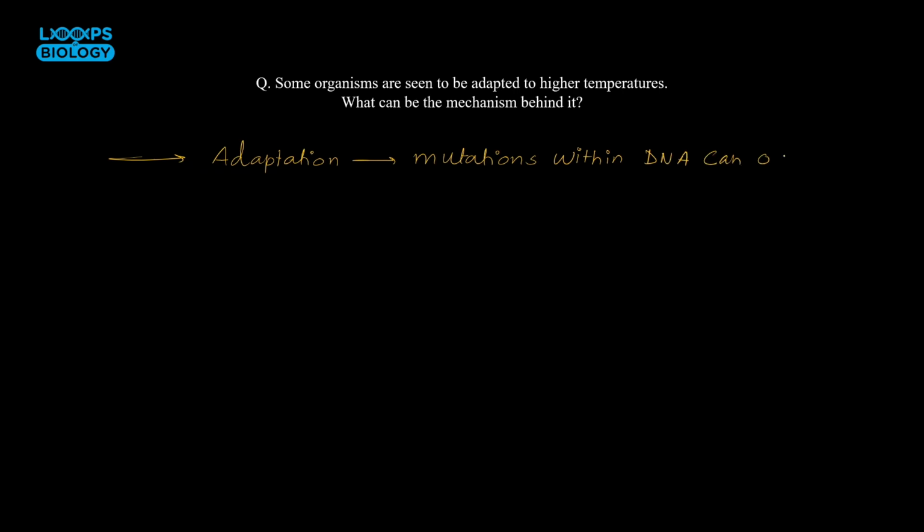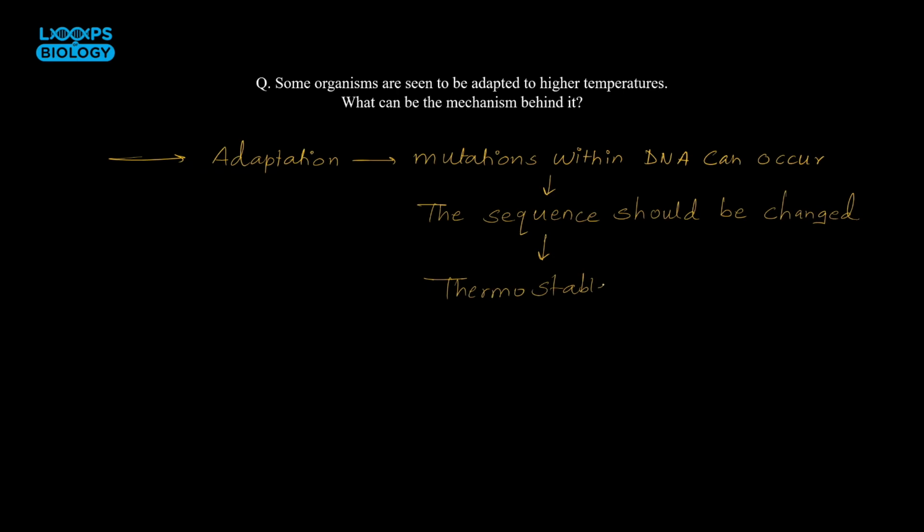The surroundings of that particular organism are going to decide what is going to be the sequence of DNA. As soon as the sequence changes, they are going to make thermostable protein.